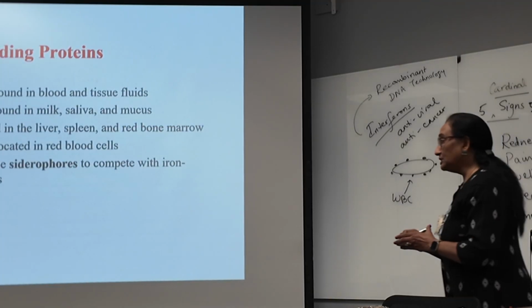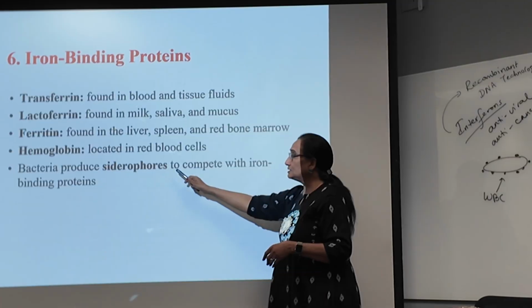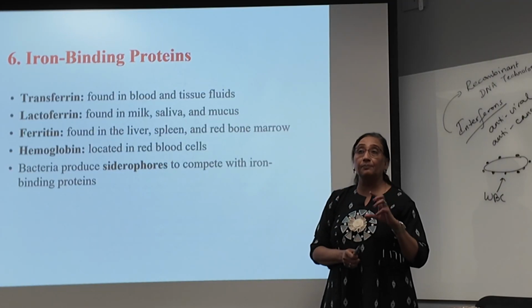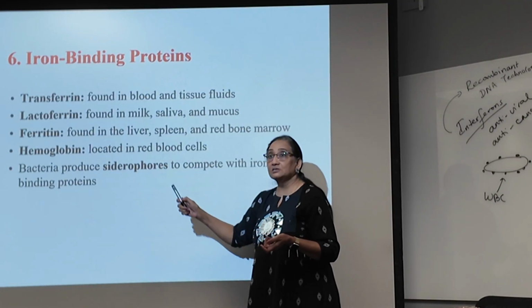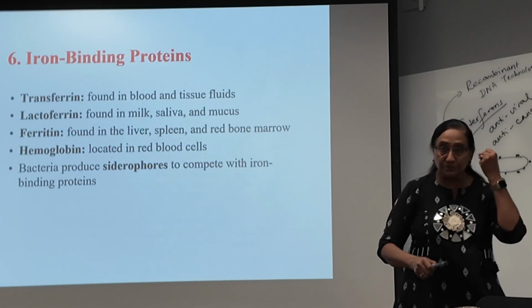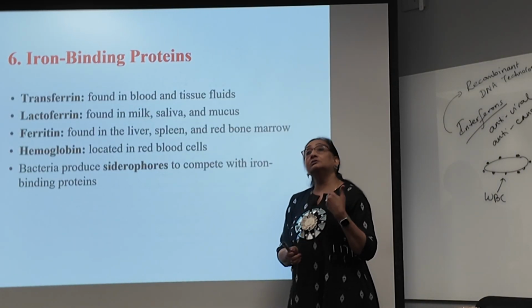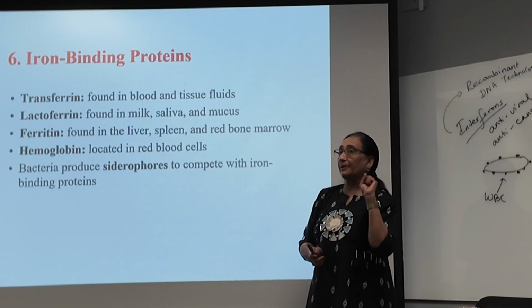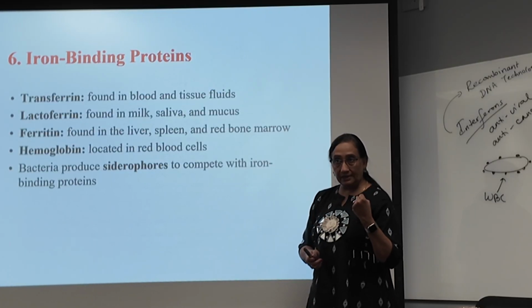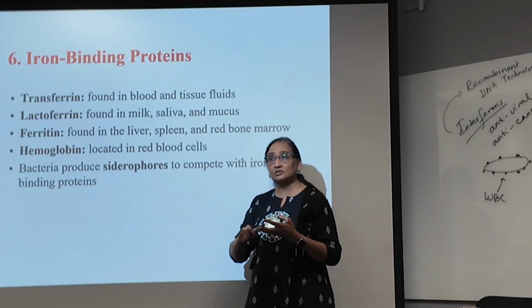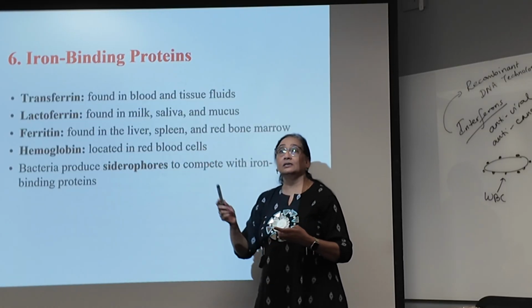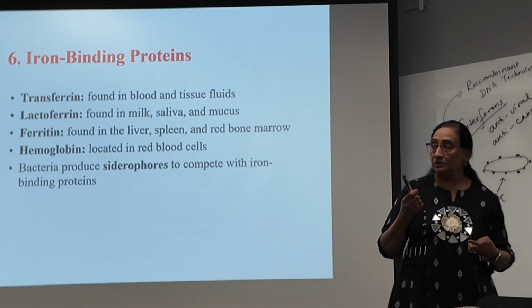Iron binding proteins. Last time when we looked at bacteria, we said bacteria release substances called siderophores that will capture the iron which they need. Our body also has many proteins that trap iron, that hold on to iron. So we have transferrin, lactoferrin, ferritin, hemoglobin. You all know about hemoglobin.